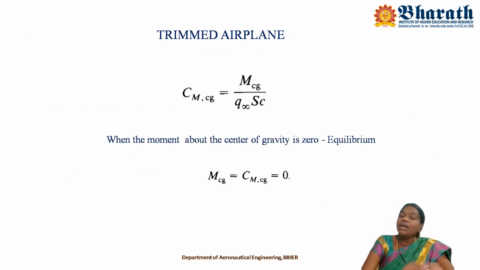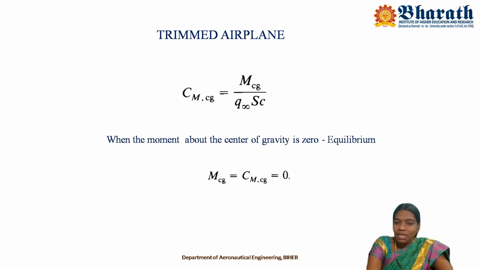And a trimmed airplane is nothing but an airplane in equilibrium condition in pitch. If the airplane is able to maintain an equilibrium condition at a certain angle of attack, you call that airplane a trimmed airplane, and that angle of attack is the trimmed angle of attack.